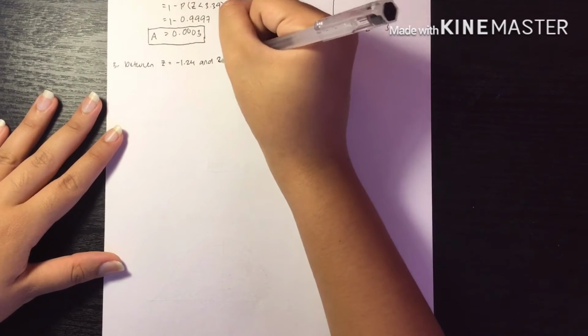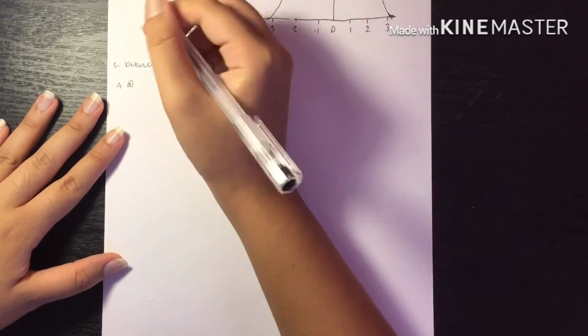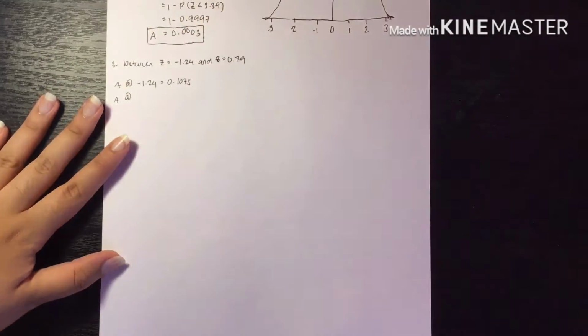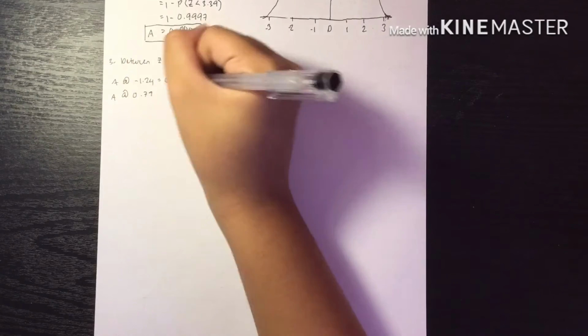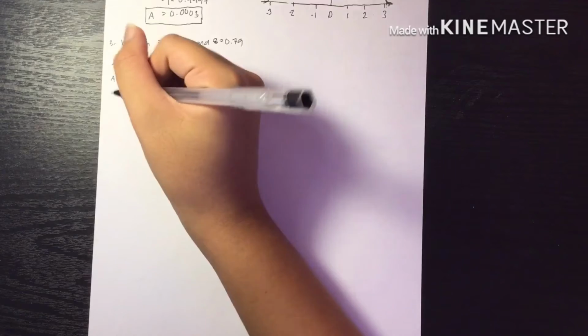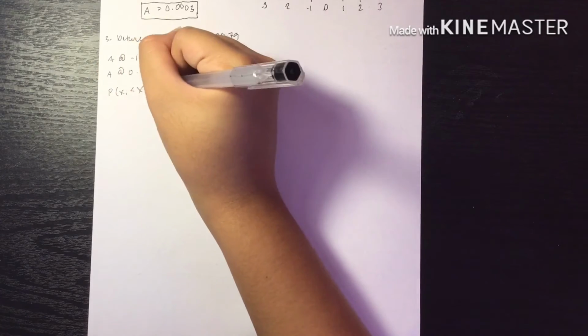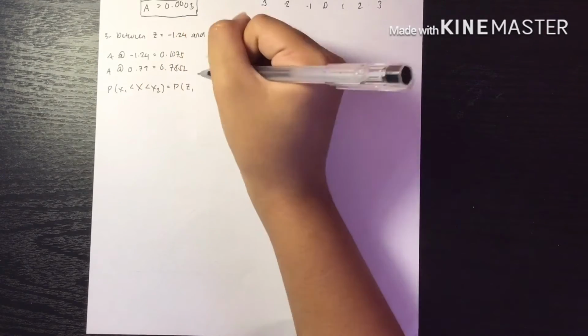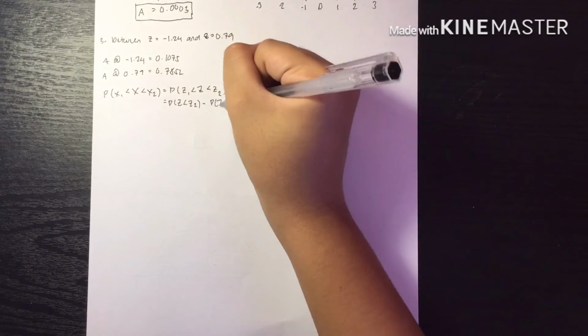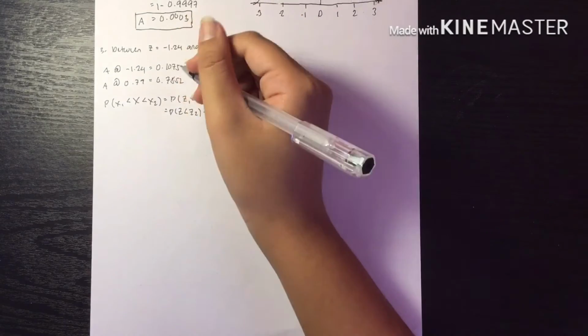Lastly, we have an example in which we have two z-scores, meaning an area in between. Similar to the past problems, we find the values of both of the z-scores. After finding the values, follow the formula by substituting each and then subtracting both the values of the z-scores.